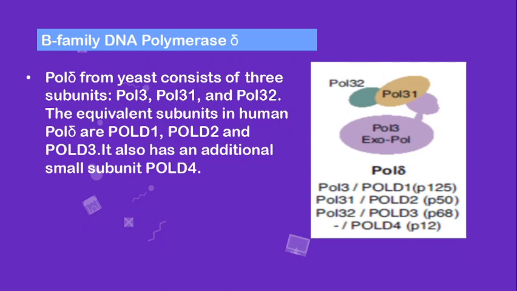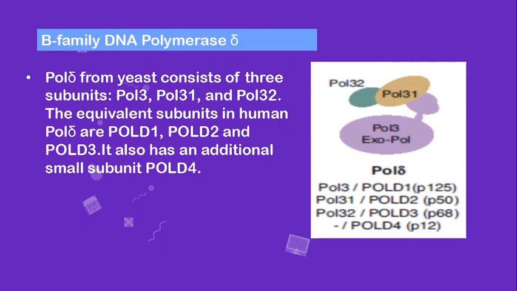If any wrong base pair is incorporated in the growing chain, this polymerase 3 will efficiently sense that mismatch up to 5 base pairs away from the site of insertion. So it provides high fidelity to replication. These are the enzymes which belong to the B family in yeast cells.